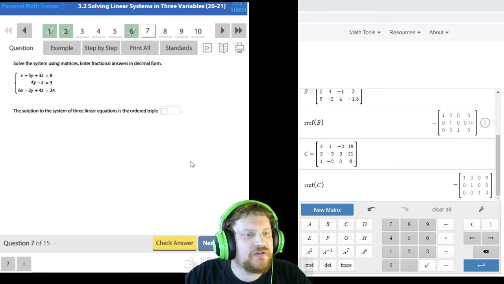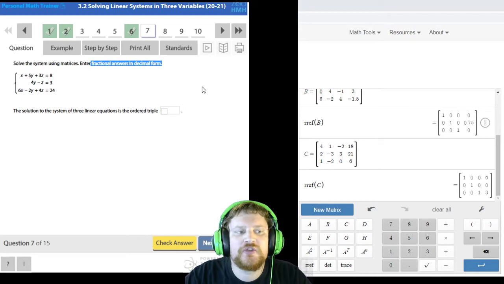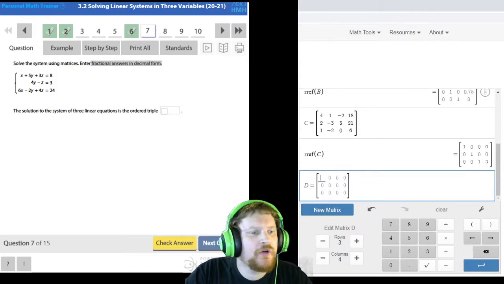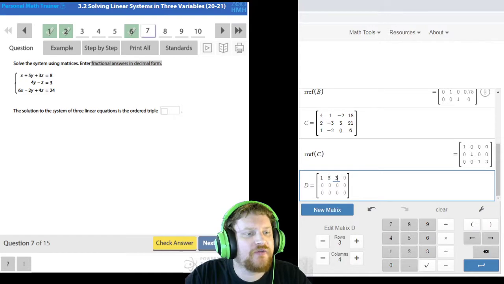Number 7. Notice that this one says enter fractional answers in decimal form. So they want you to put in decimals, not fractions, for this answer. We'll go ahead and do this one. I see 1, 5, 3, 8, 0, 4, negative 1, 3, 6, negative 2, 4, 24.